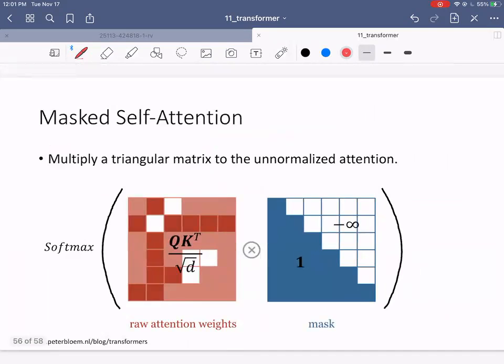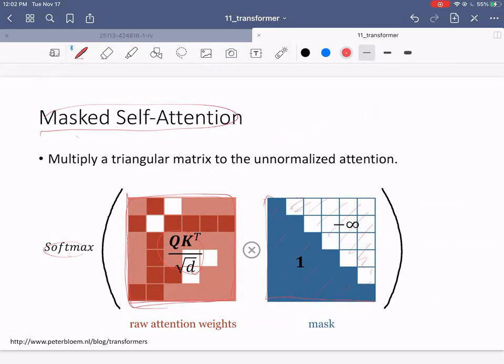So what happens in the masked self-attention is you already have the result from the QK operation: Q K transpose divided by the square root of d_k. This alone gives you an attention strength map, not the probability map, but the score map right before the softmax normalization. Then you multiply this with a negative infinity mask. This part is all negative infinity, and this part is all 1.